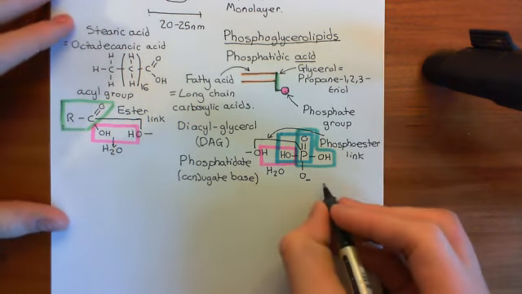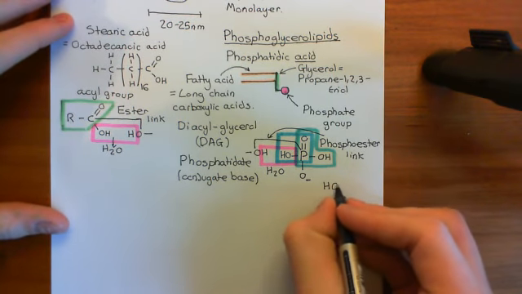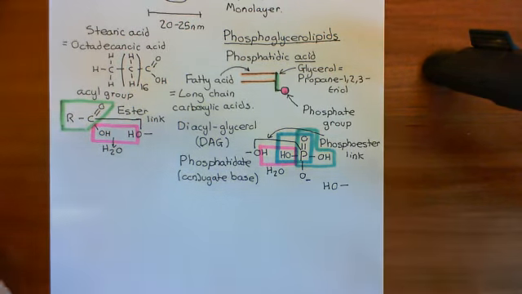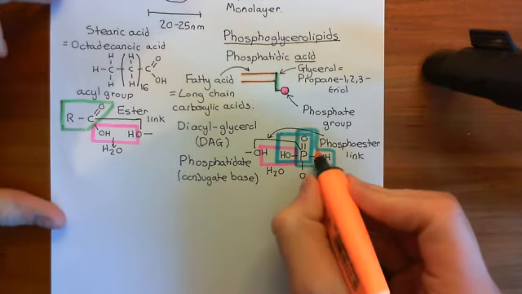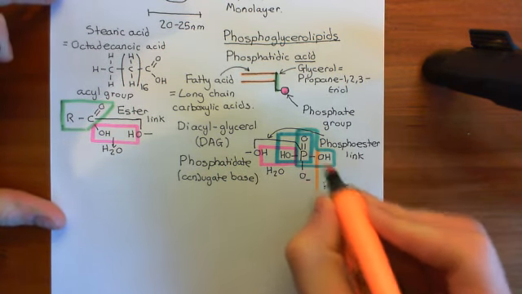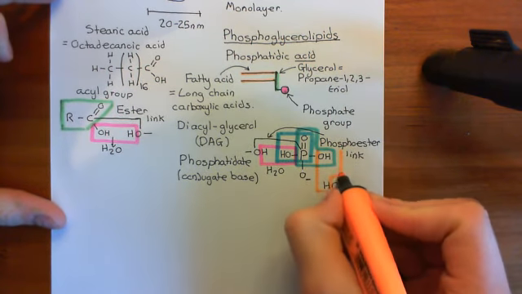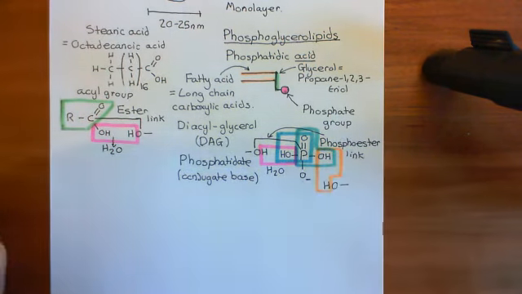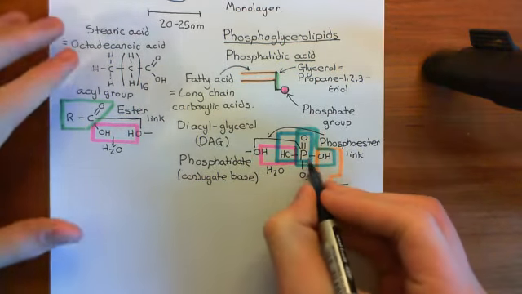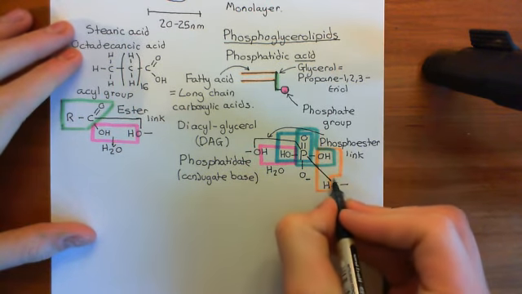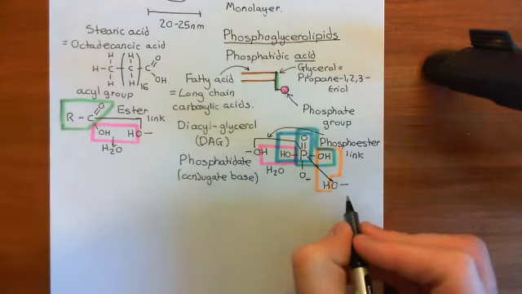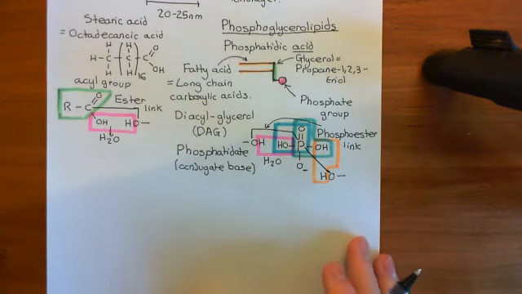If we bring along another alcohol group here, we can take that alcohol group off the phosphate group, take a hydrogen off the other alcohol group, combine those two together to make water, and then link that phosphorus atom to this oxygen atom down here to create another phosphoester link with another alcohol group.